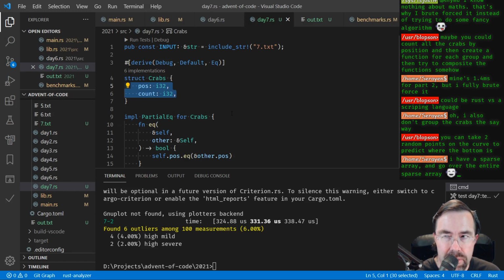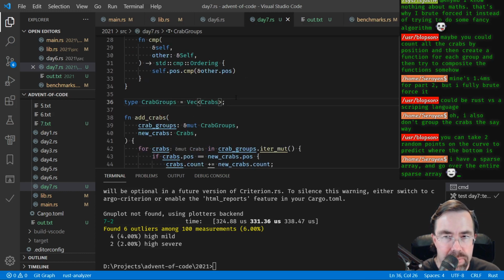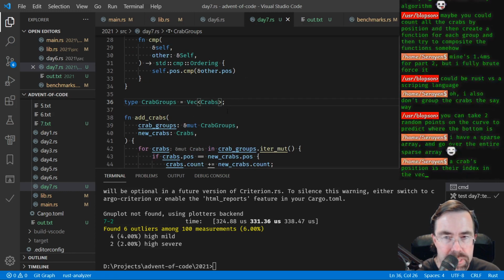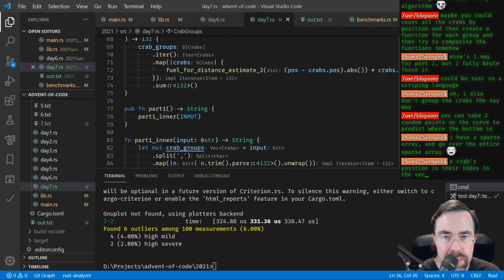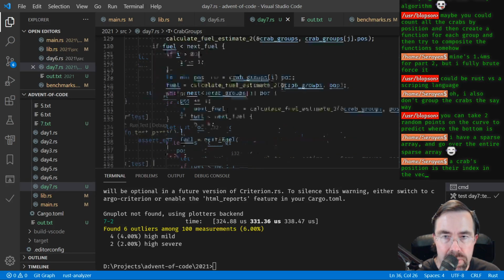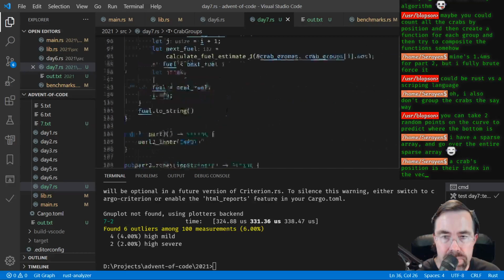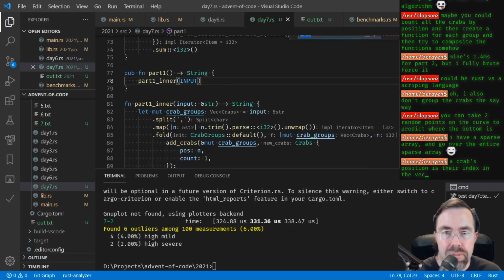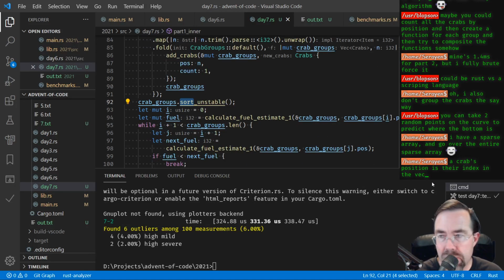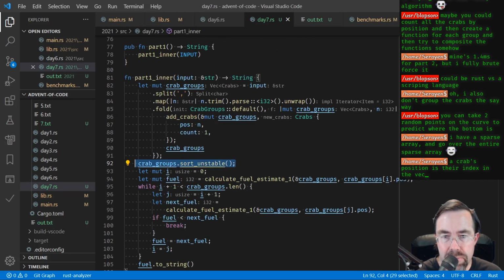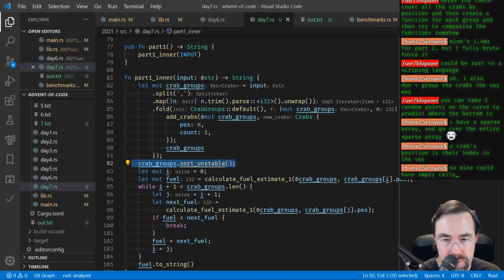Is that the same thing? That's sort of a sparse array, right? I don't have any zeros. I just have positions and counts. The expense is that I had to sort them. Where did I sort them? I had to sort them right there, right after parsing and folding them into that vector.